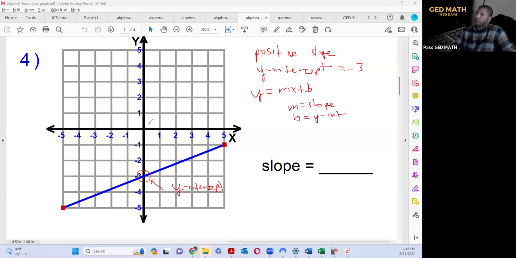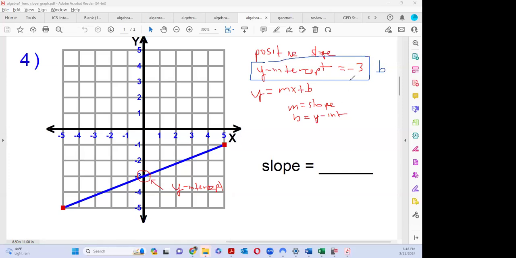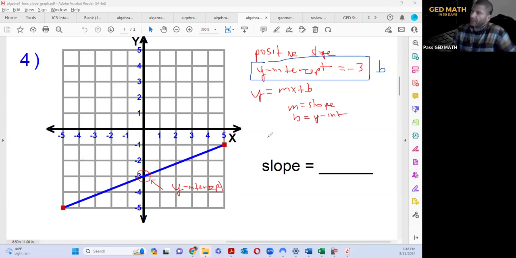Okay, so what we have now is our b. This is the b. So we know right now the equation is going to be y equals something times x minus 3, just by knowing the slope is positive and the y-intercept is -3.